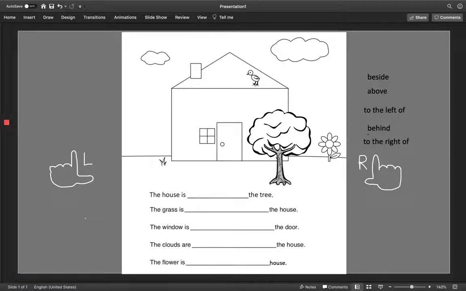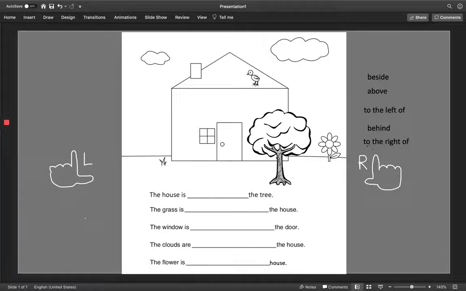The following word says behind. Is the house behind the tree? Yes, yes, it is. The house is behind the tree. If you were walking to the house, you would pass by the tree first, and then you get to the house.